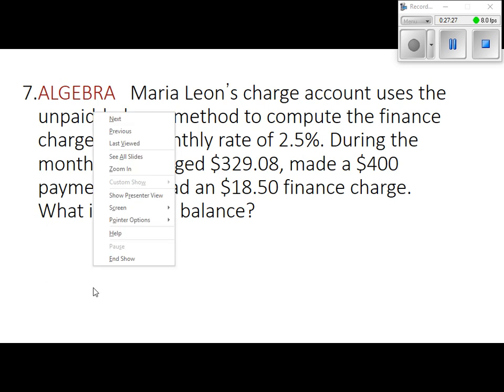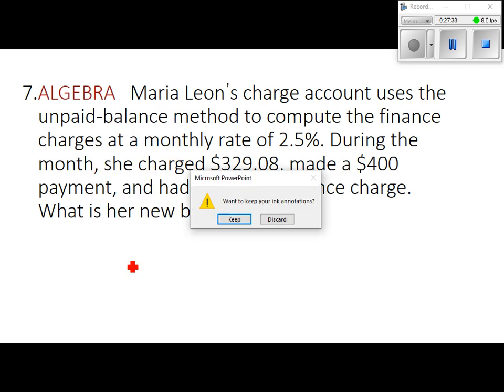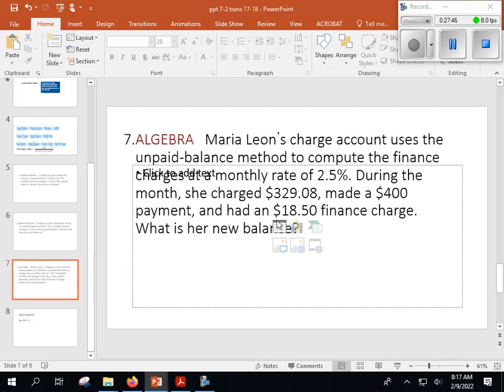Make sure your names are on those, both of them, and what you're going to do is pass them to your right. Once they all get passed to the right, pass them forward so that Haley ends up with them all.